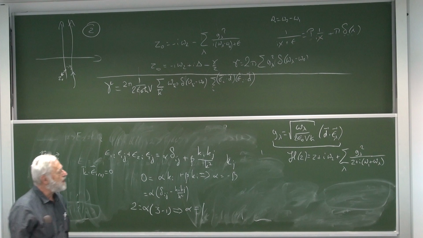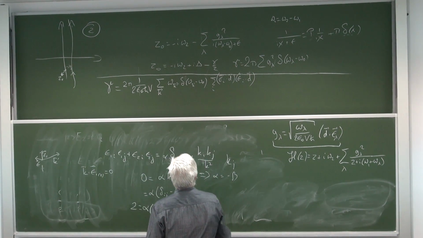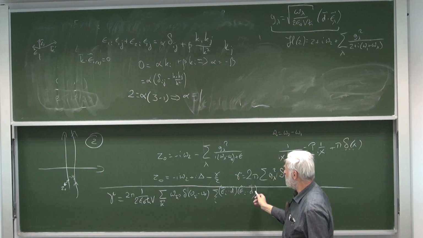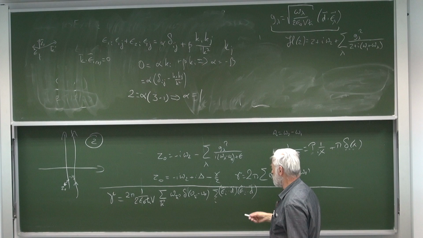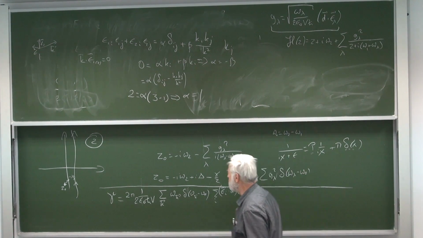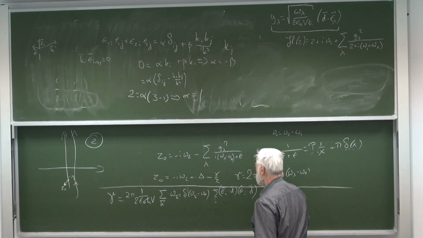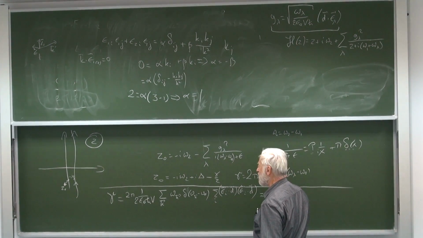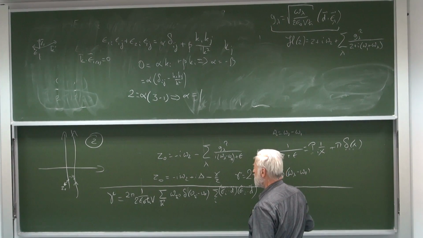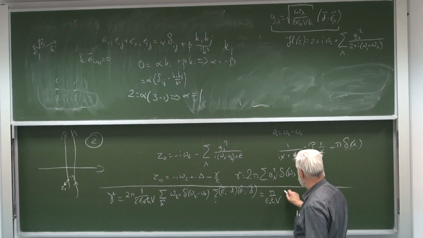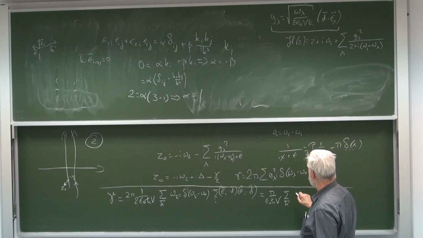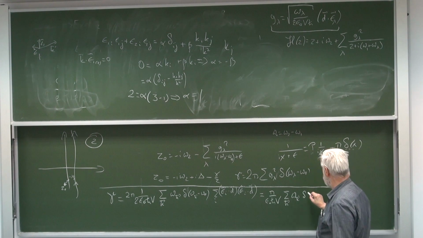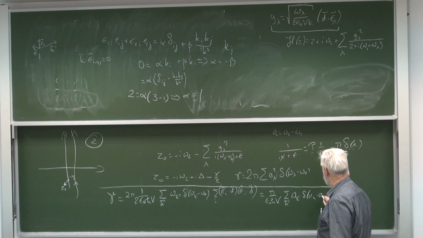In other words, the summation that we are after here, one thing is already done. We know how to sum this fellow. We have to simply rewrite everything here. My 2 will cancel. So then I will get pi divided by epsilon naught h bar times volume, sum over all k's, omega of k times delta of omega of k minus omega naught.